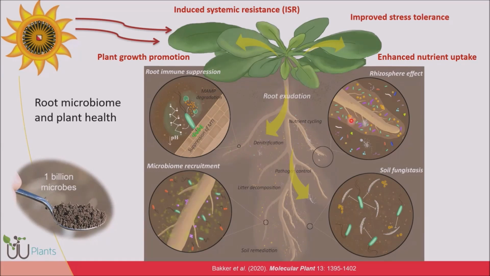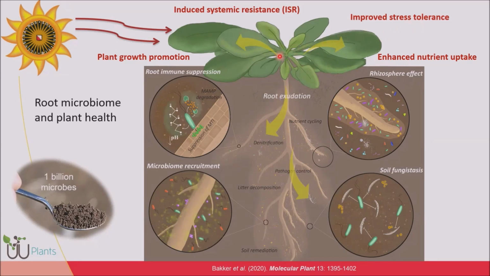Well, the community that lives around the roots, we call that the root microbiome. These microbes do not only have a function in the roots environment, they also give services back to the plant, such as provide enhanced nutrients to the plants, but they also increase stress tolerance.